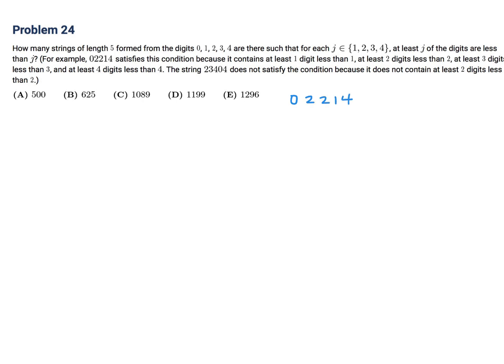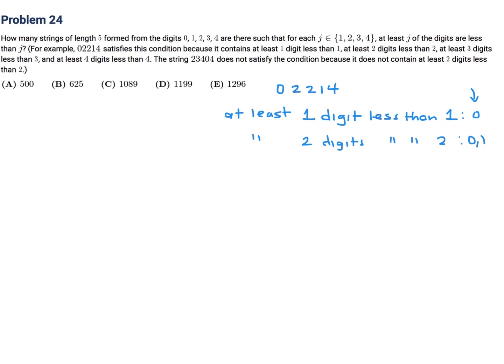So we need at least one digit less than 1. And we have that. We have a 0. Then we need at least 2 digits less than 2. Do we have that? Yes, we have a 0 and we have a 1. Got it? Okay, then we keep going here.